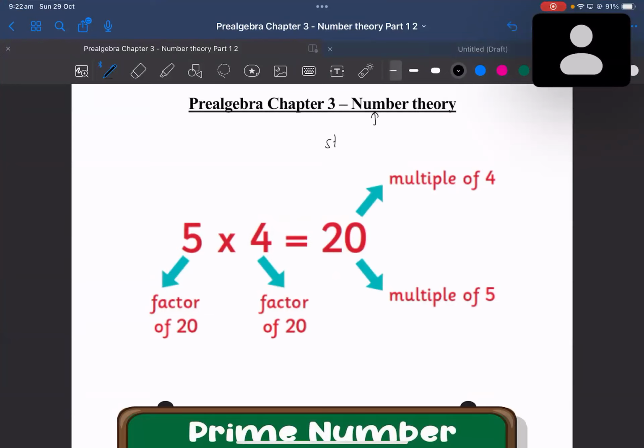This goes all the way up to university level, but we're going to learn the basics of number theory today. We want to be experts on whole numbers before we go into fractions and decimals. I know you've already done fractions and decimals, at least a little bit, but the important thing is we want to be experts on whole numbers first.